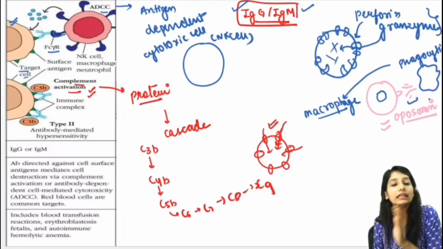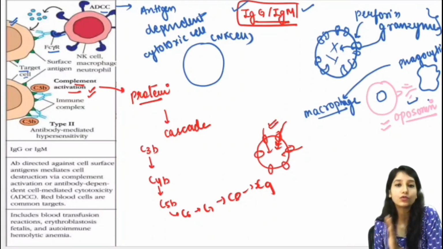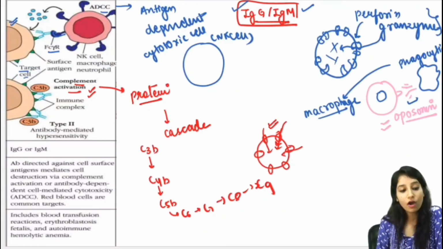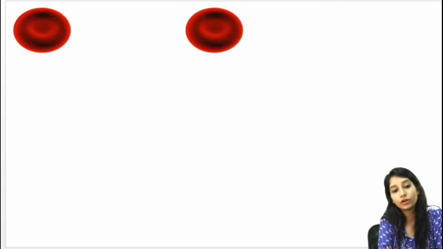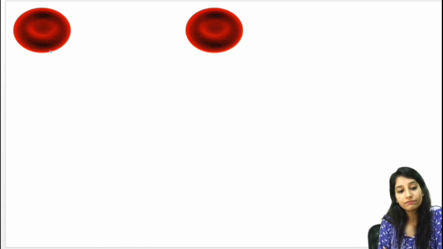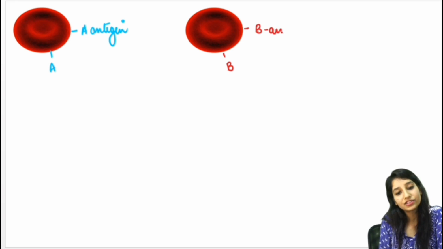Now, how it can lead to a problem, or how it can lead to hypersensitivity, is that, for example, if we take the example of RBC, if one person's blood group is A, then on its RBC, specifically A antigen will be present. And a second person whose blood group is B, on its plasma membrane, B antigen will be present.